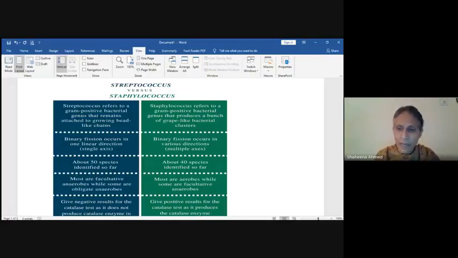Now, first of all, we are going to look at the differences between staphylococci and streptococci microorganisms, because both of these belong to the same class of bacteria, and they resemble a lot. Both of them are cocci, both of them are non-motile, non-sporing microorganisms, both are gram positive, and there is a lot of similarity between these two microorganisms.